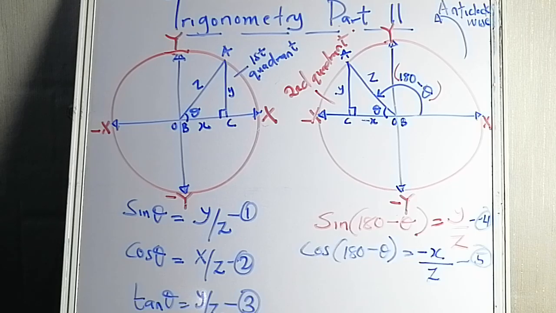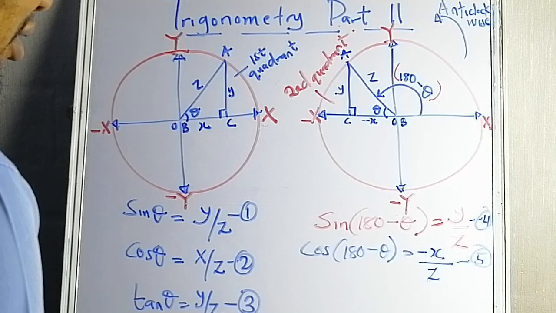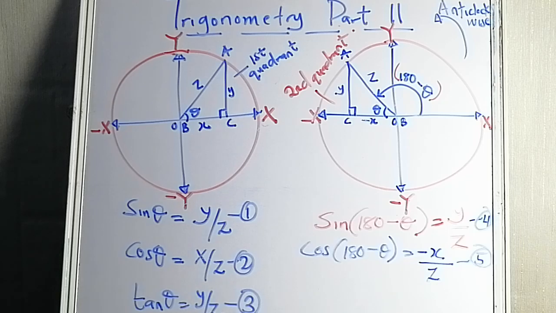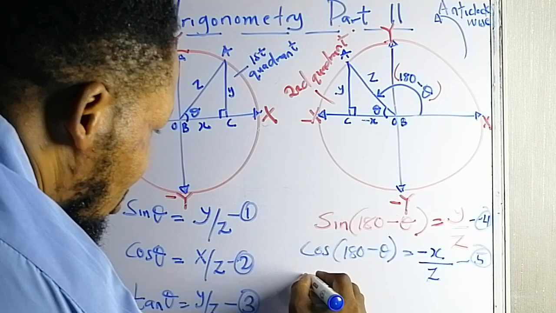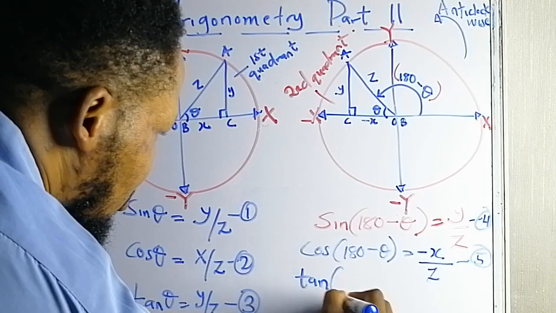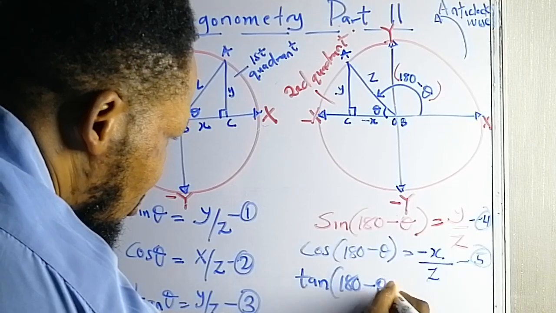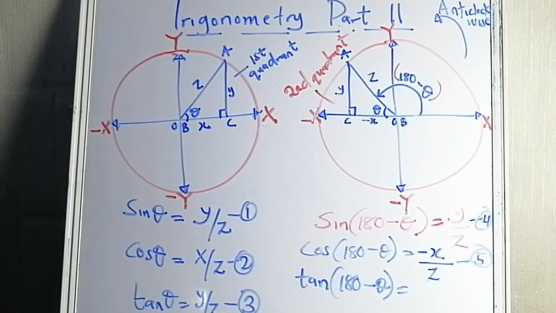Okay. So now we can also get our tan theta. Our tan theta is going to be tan 180 minus theta. So what would that be? Tan is TOA, and TOA is opposite over adjacent.